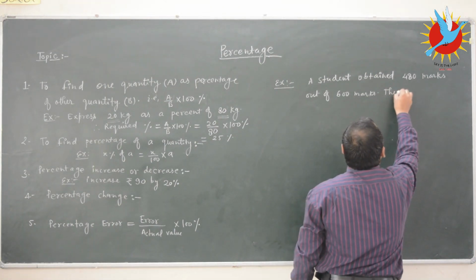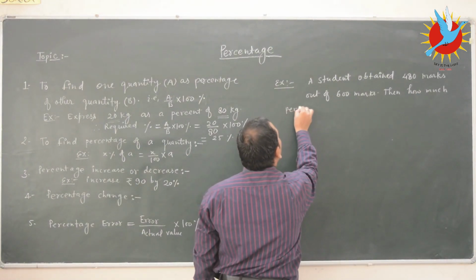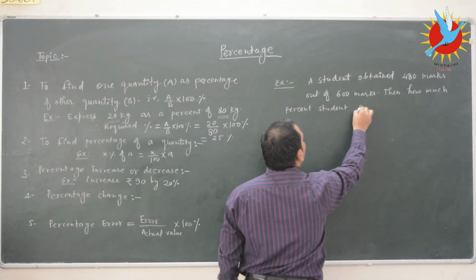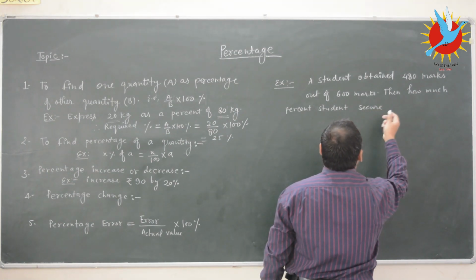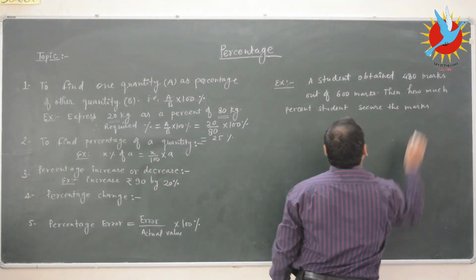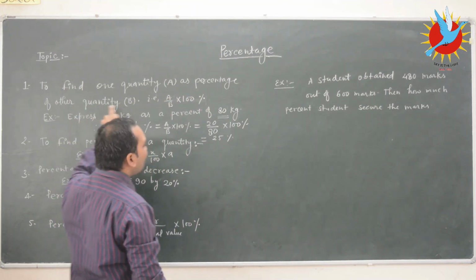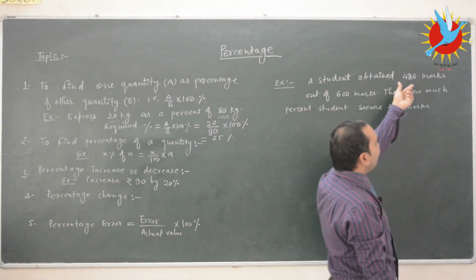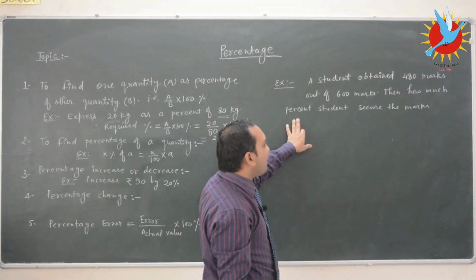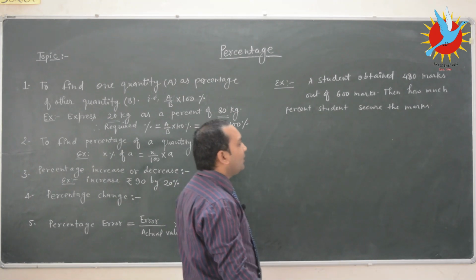It is the same: find one quantity A as a percentage of the other quantity B. One quantity is what he got, that is 480 marks, and the maximum mark is 600 marks. So how much percent did the student secure?